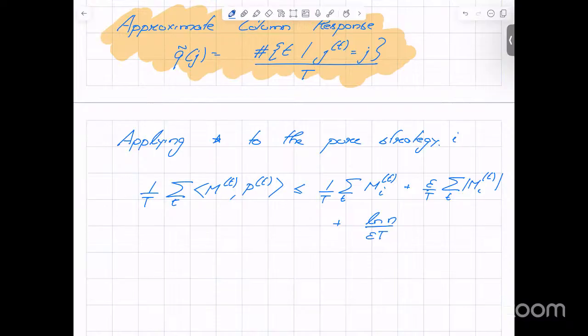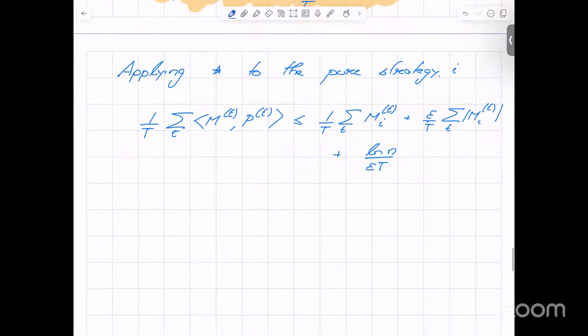Now I want to look at a few things. So this quantity over here is 1 by T summation T A PT JT.